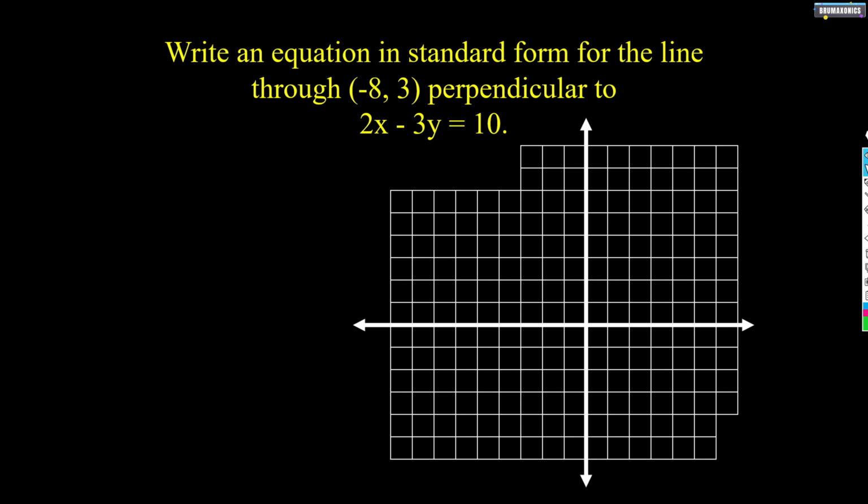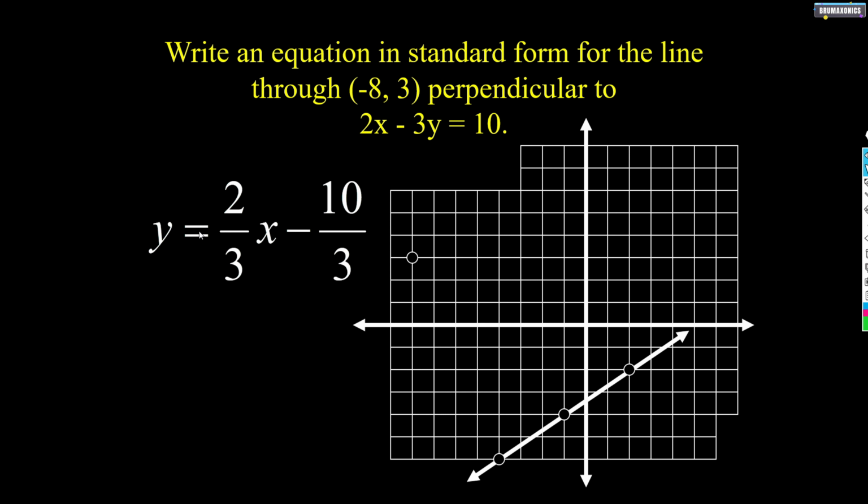Write an equation in standard form of the line through the given coordinates perpendicular to this. You know what to do. Go back, try to write this equation in a standard form, and then you get this slope or gradient, and then after that you apply m1 times m2 to get -1, and then the inverse of this times negative, you get this, and then you are good to go.